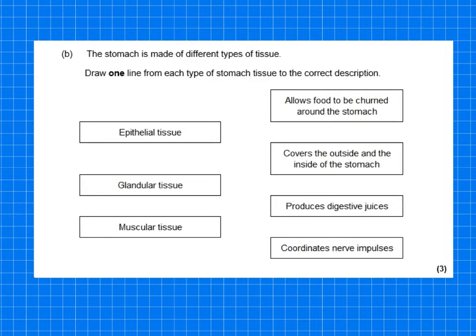Okay, so this next question says the stomach is made of different types of tissue, and it says draw one line from each type of stomach tissue to the correct description. So what you need to do is read the types of tissue and read the descriptions, and then make a decision on which line to join them.